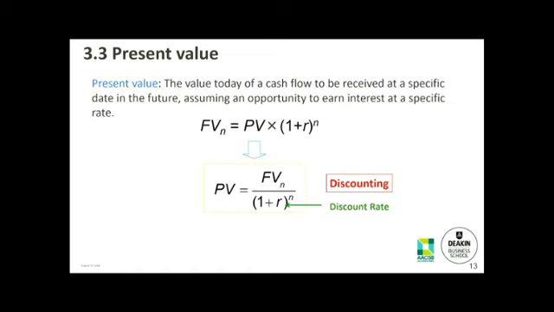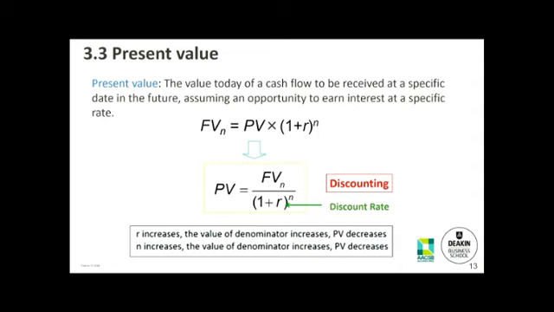So the same interest rate, when it's used to calculate future value, in most cases we call it interest rate, compound interest. When we're trying to discount future value back to today, sometimes we name this discount rate, but they are the same, okay? Just in different context. Now, let's talk about the relationship.